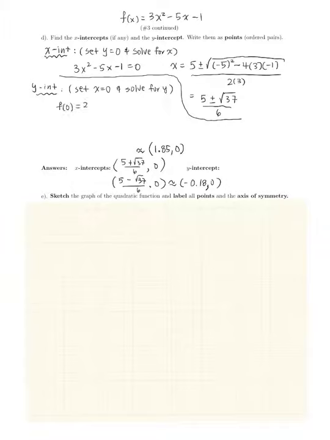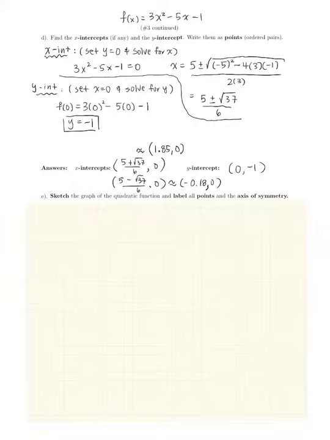So this is 3 times 0 squared minus 5 times 0 minus 1, so our y is just negative 1. As a point at the y-intercept, your x value is always 0 and your y is negative 1.